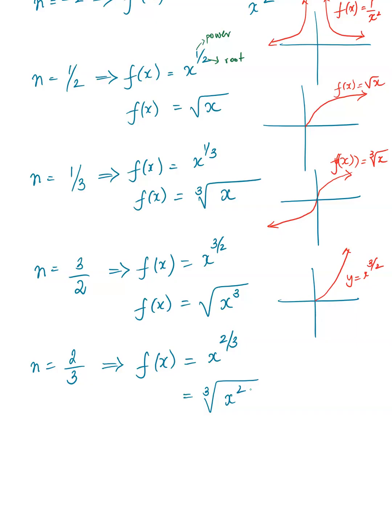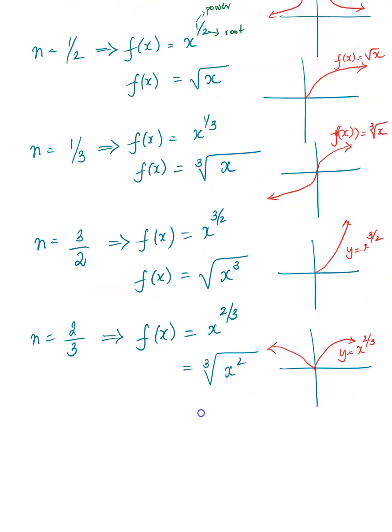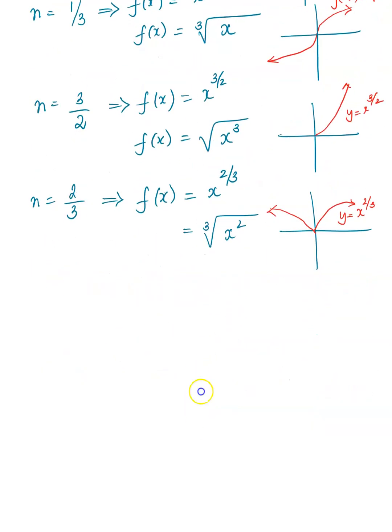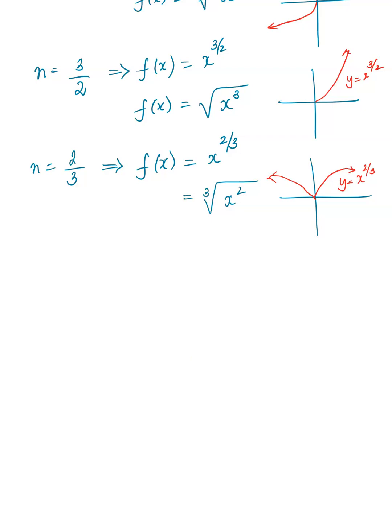Cube root of x squared, and that also looks a little unusual. We've not seen this. It's as if it's kind of sprinting. So that's going to be y equals x power 2 over 3. And so on. So I want you to go and explore these things with other functions, and try to learn how your calculator works as well.